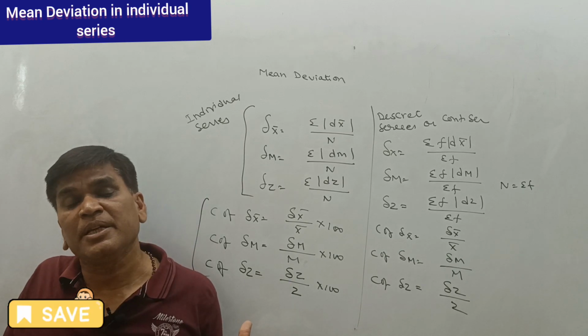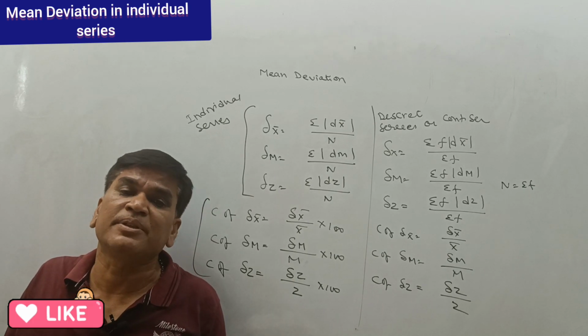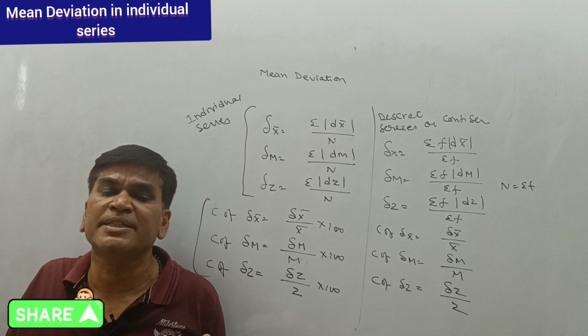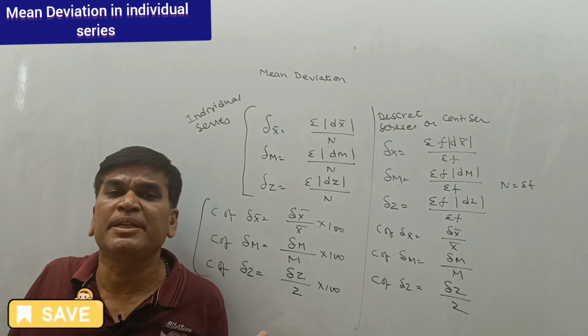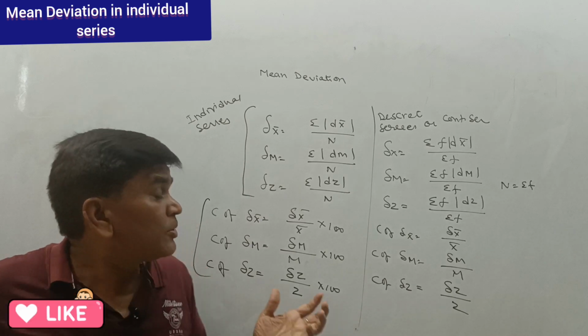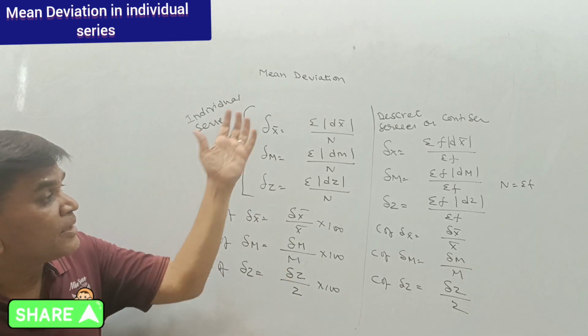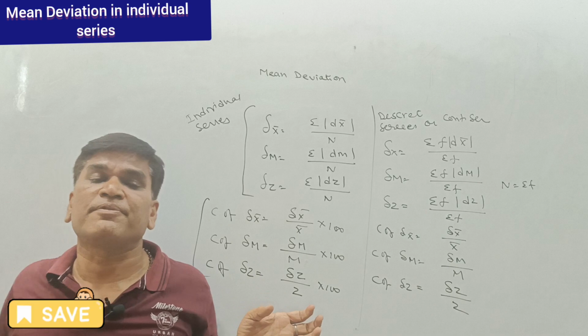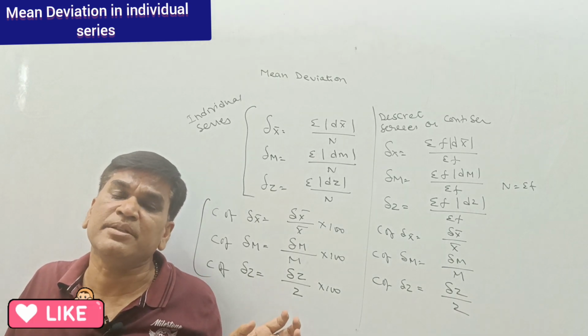In this video, we will calculate, for a case of individual series, how we can calculate the mean deviation. We will learn with the help of a question. I think this is sufficient to calculate the mean deviation.